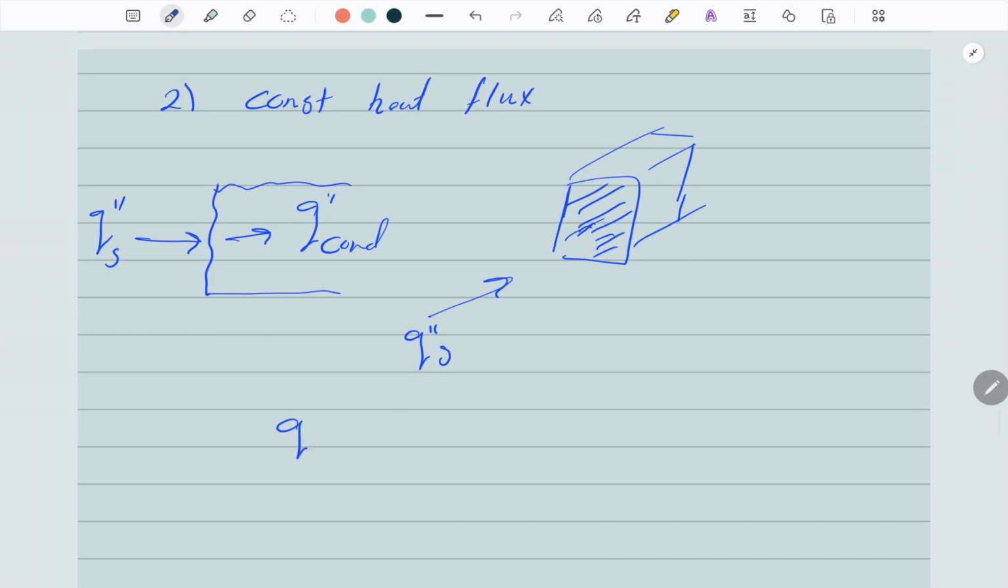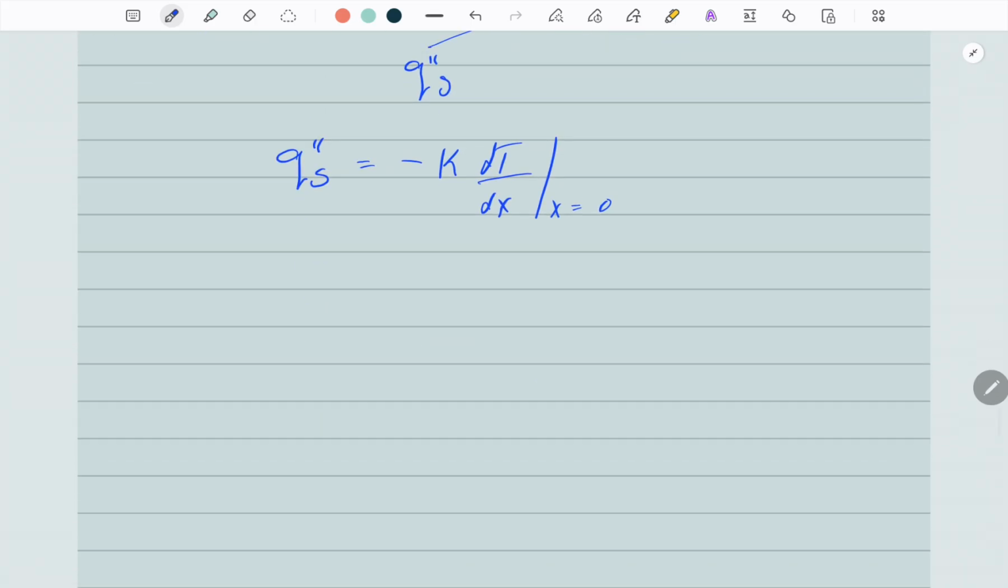Therefore, QS, the heat on the surface, will equal Q conduction, which is negative K dT over dx at x equals 0.